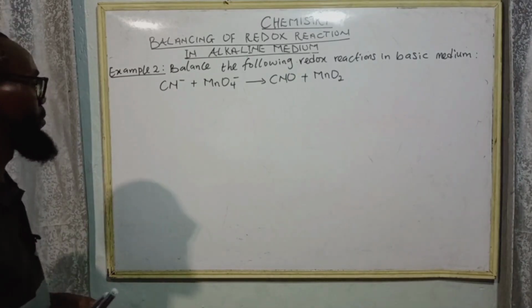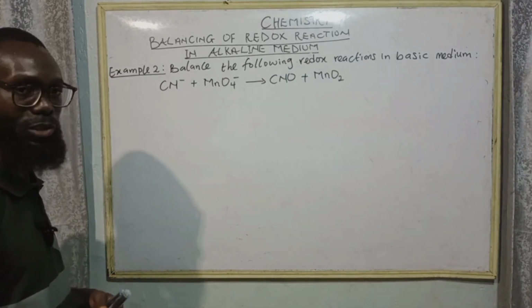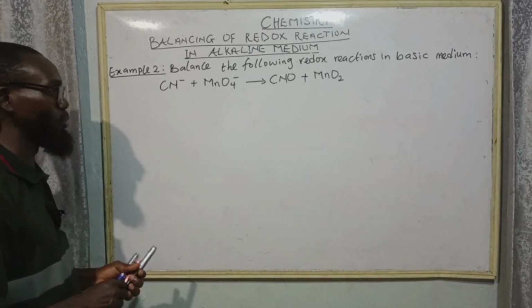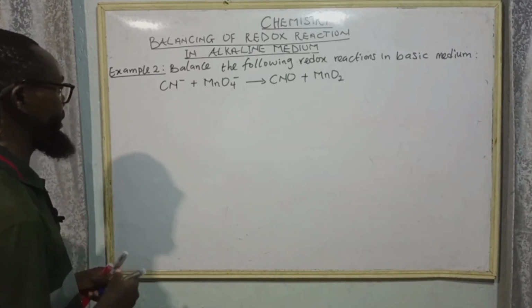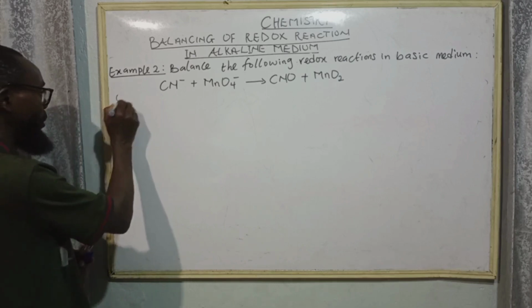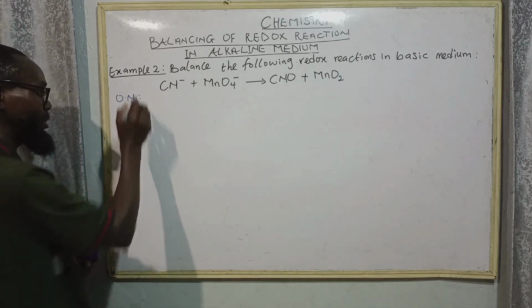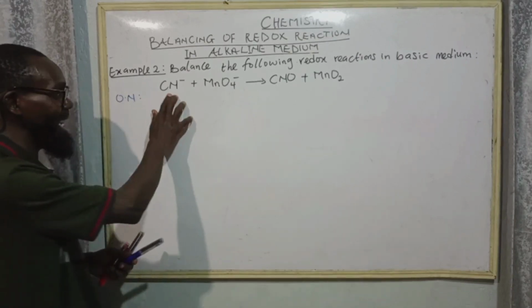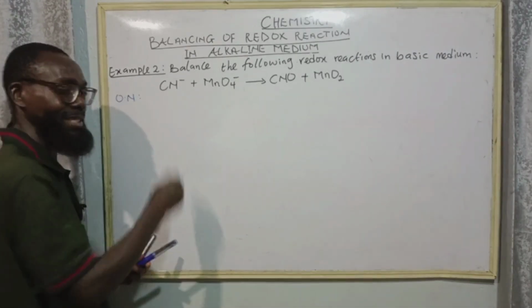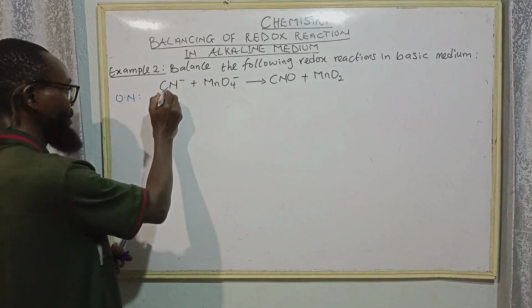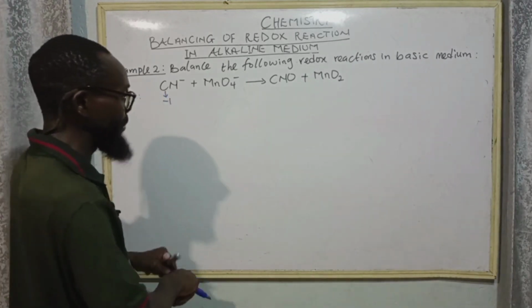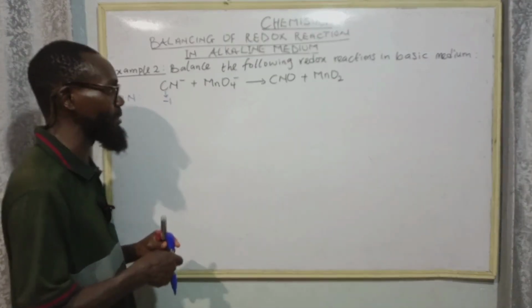Example 2. Balance the following redox reactions in basic medium. The first rule is to find the oxidation number of each element except oxygen and hydrogen. Here we have CN minus, that is cyanide ion. So the oxidation number of cyanide ion is -1. Then manganese, we have done this one before in our previous class.